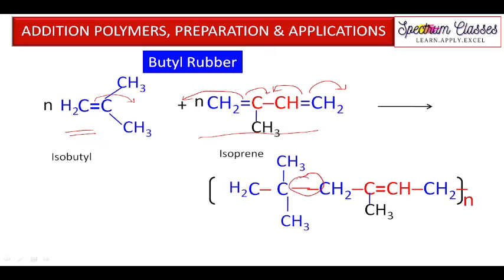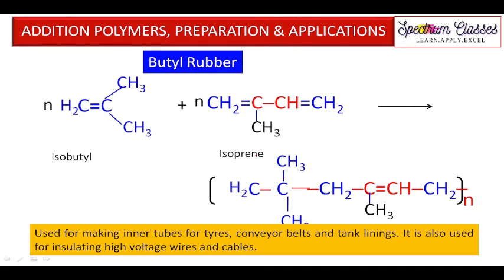So here a new bond is formed, and the double bond is inside these two carbon atoms. So this will form a polymer, or butyl rubber, you can say. This butyl rubber is used for making inner tubes for tires, conveyor belts, and tank linings. It is also used for insulating high voltage wires and cables.